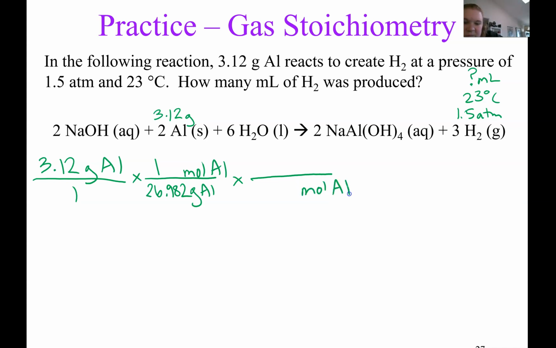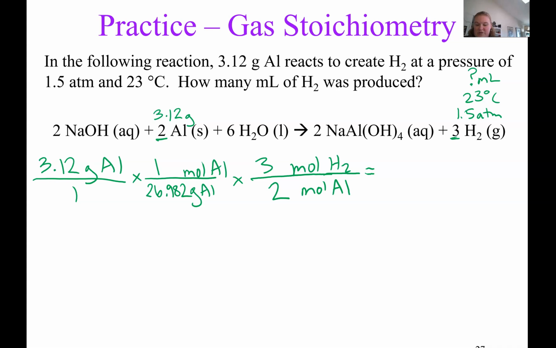I'm going to convert that into moles of hydrogen. So moles of aluminum on the bottom, moles of hydrogen on the top. My equation's already balanced for us. So I have 2 moles of aluminum, 3 moles of hydrogen, and my math for this part is going to stop right here because the rest of it gets put into our ideal gas law.